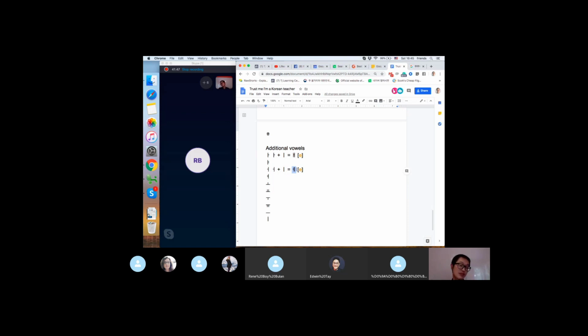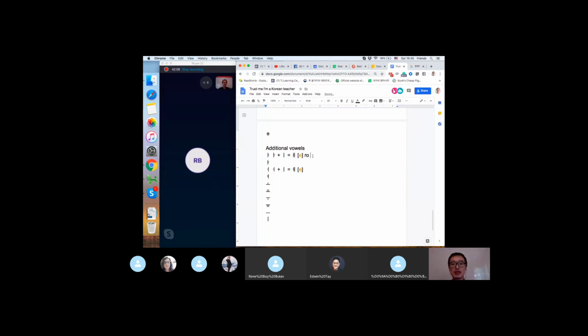So they are the same sound. I don't know, maybe much later one of the vowels will be removed and disappear. But for now, we are using two vowels for the same sound. So this is e and this is e again.